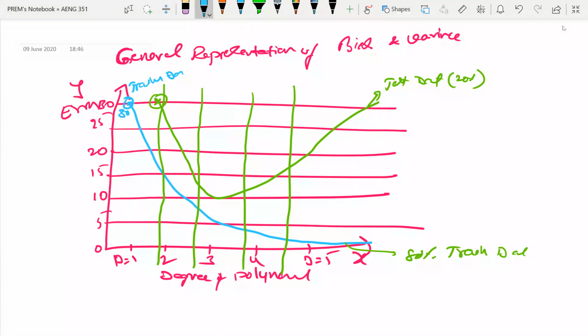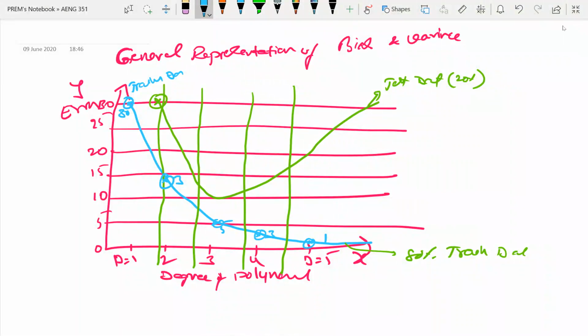When degree 2, my train error will be between 10 to 15, say 13. And degree 3, my error is 5. Degree 4, my error is 3. And degree 5, suppose 1.